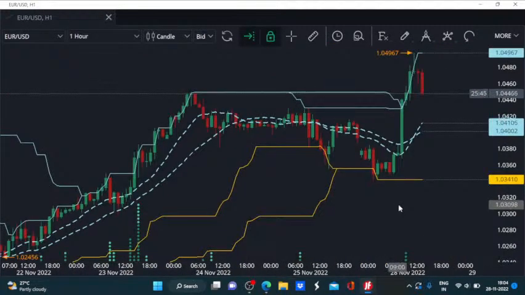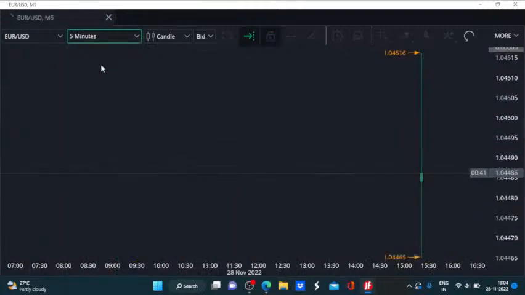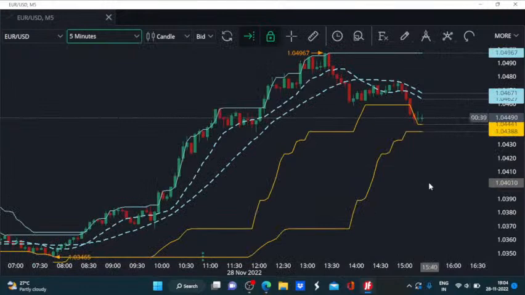So that possibility is quite strong at the moment, but we have to stick with the immediate time frame. And as the US session is going to get underway very soon in an hour, we have to look at the opportunities which are likely to come our way.